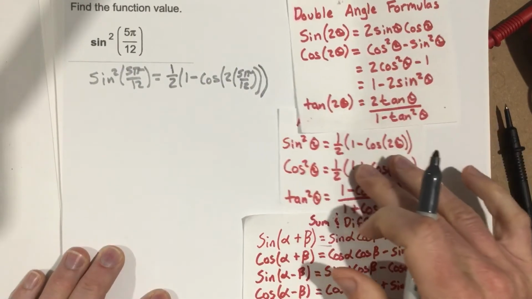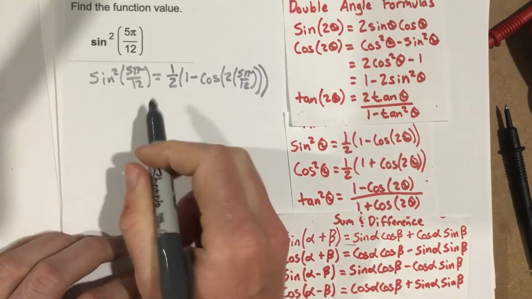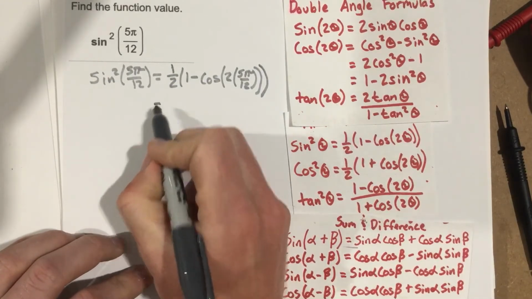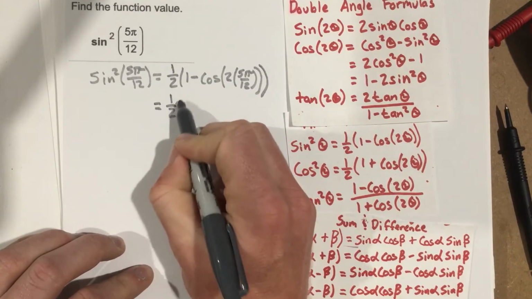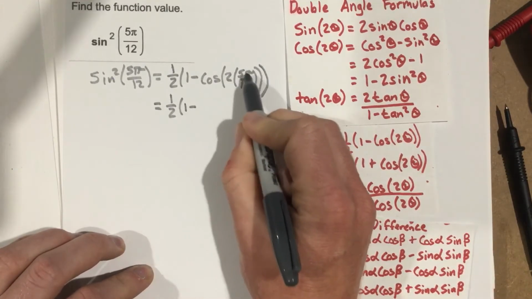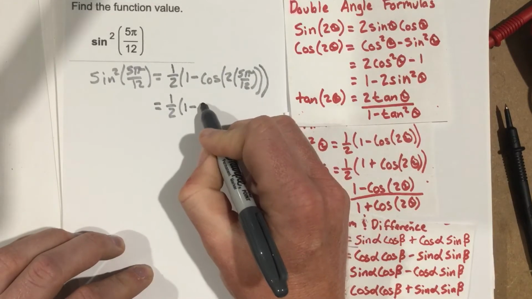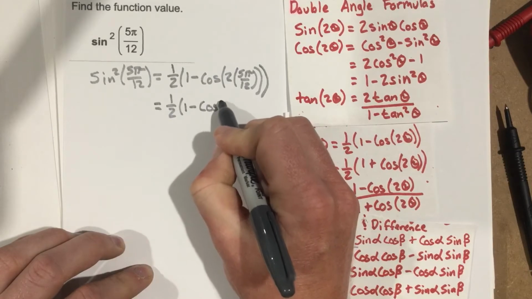All right, I'm going to slide these off to the side just a little bit. Now we've got to do some algebra work. So this equals 1/2 times (1 minus cosine of 2 times 5 pi over 12). The 2 and the 12 cancel, leaving me with 5 pi over 6. So I have cosine 5 pi over 6.